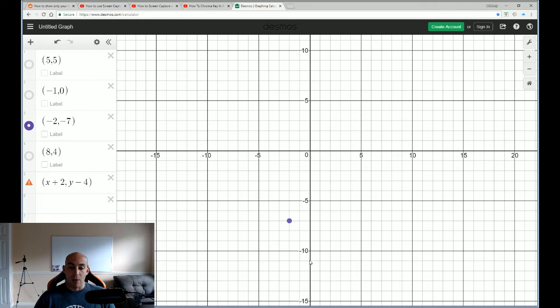This point is interesting. It is 0, comma, negative 11, because I didn't go right or left on the x-axis at all. I think I said negative 4 before, sorry. So 0, comma, negative 11 is this new point. I translated the purple point based on the rule x plus 2, y minus 4, and got down to here.